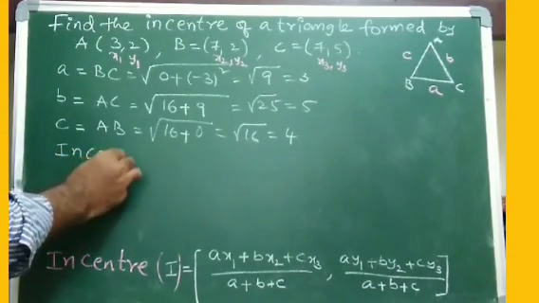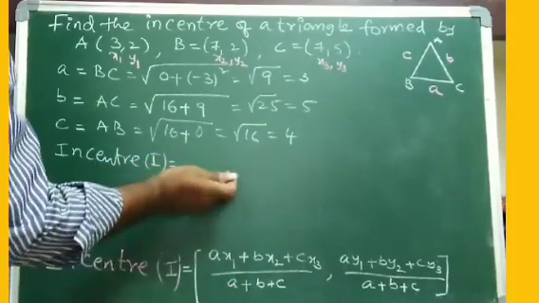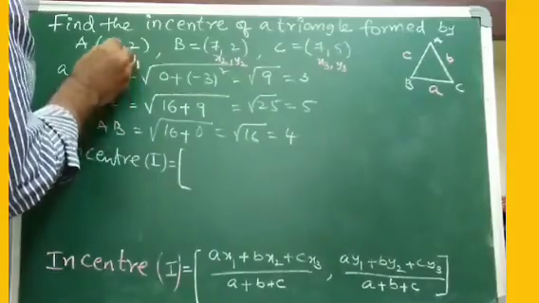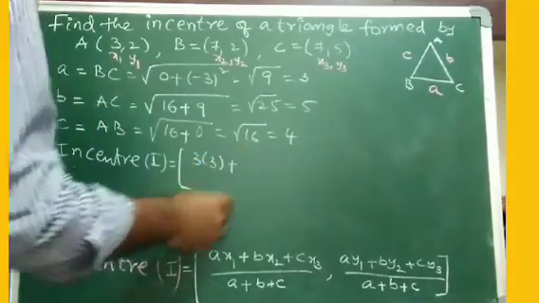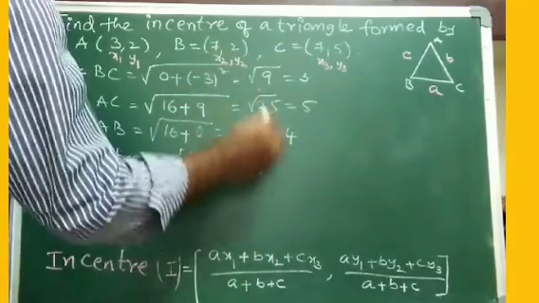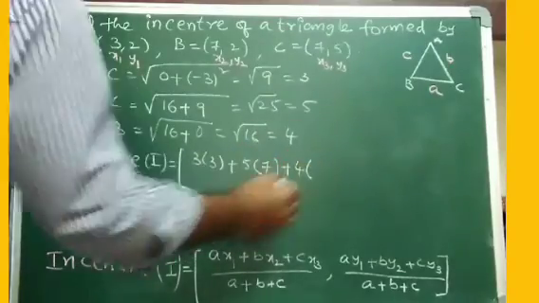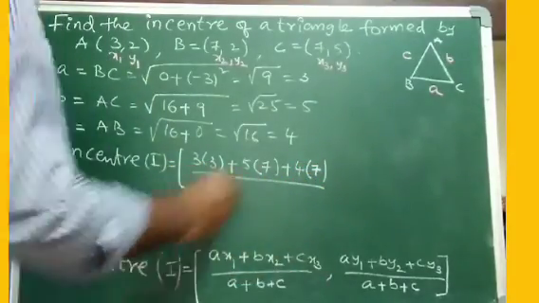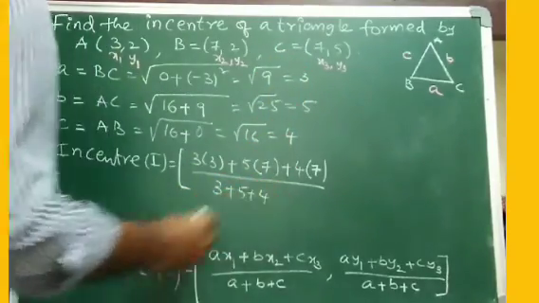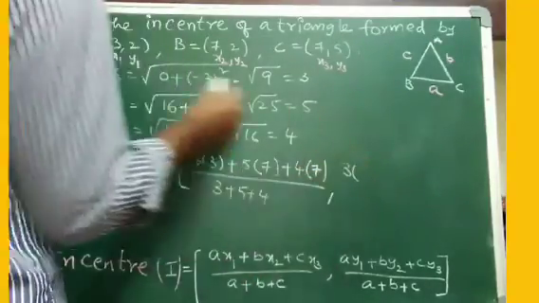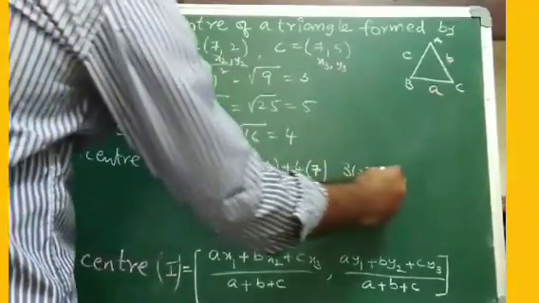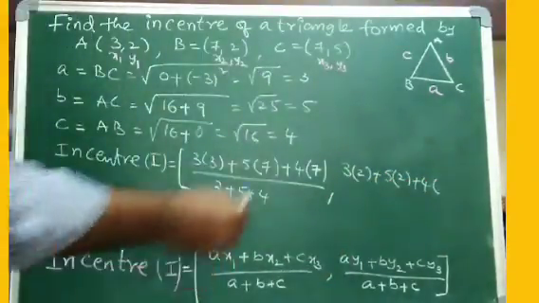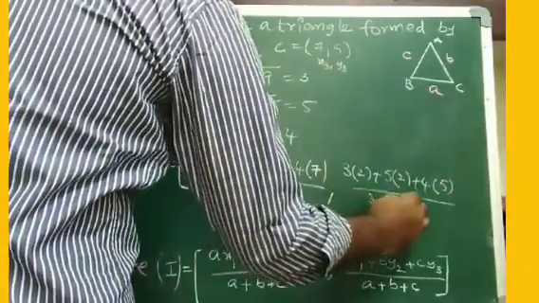Therefore, incenter I is equal to, actually we should write the formula first and then the substitution, but anyhow, let it be. a x1 is 3 into 3, plus b into x2 is 5 into 7, plus c into x3 is 4 into 7, whole divided by a plus b plus c, 3 plus 5 plus 4, comma, a y1 is 3 into 2, plus b y2 is 5 into 2, plus c y3 is 4 into 5, whole divided by 3 plus 5 plus 4.